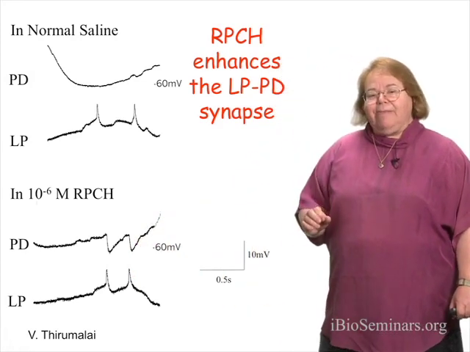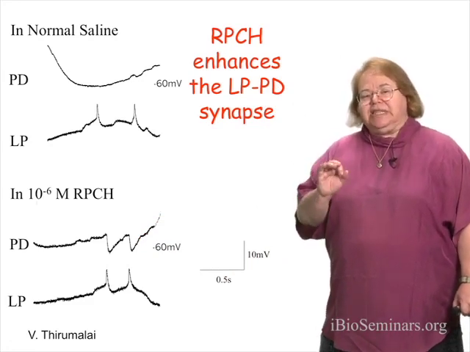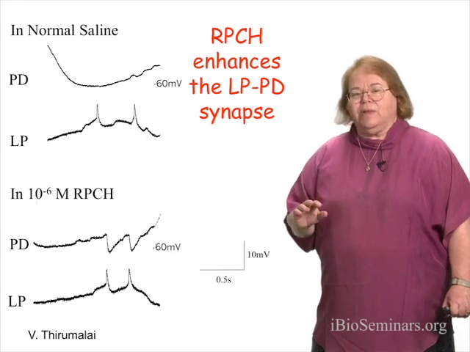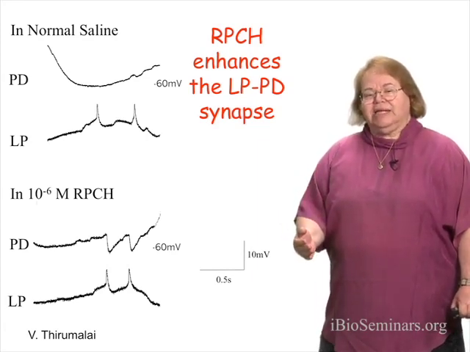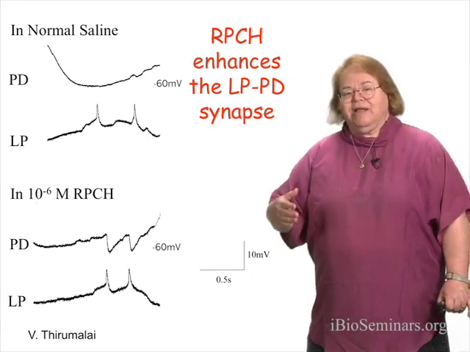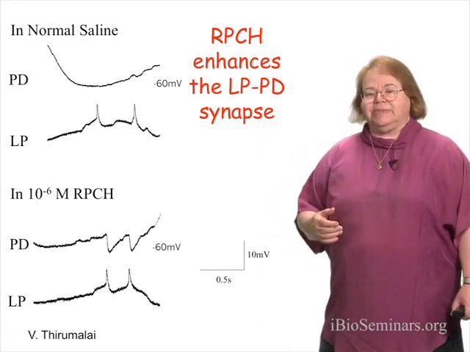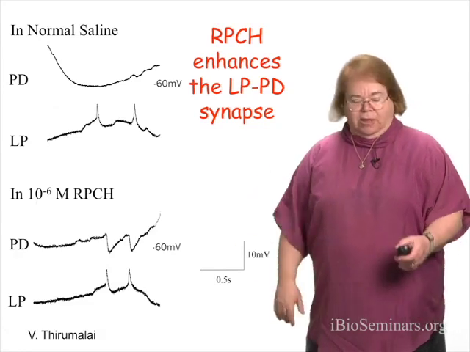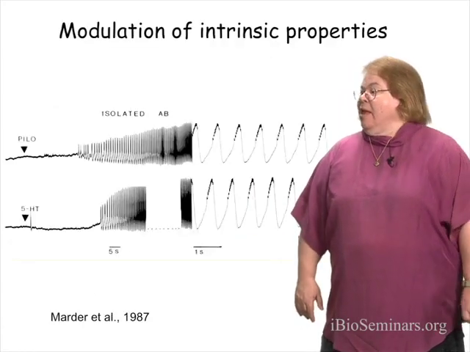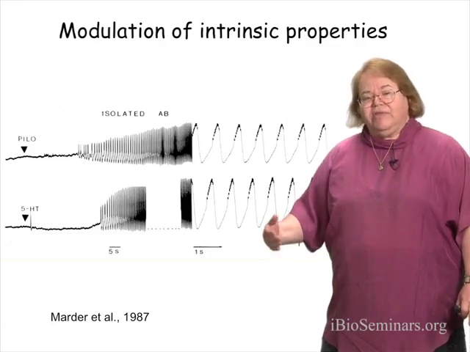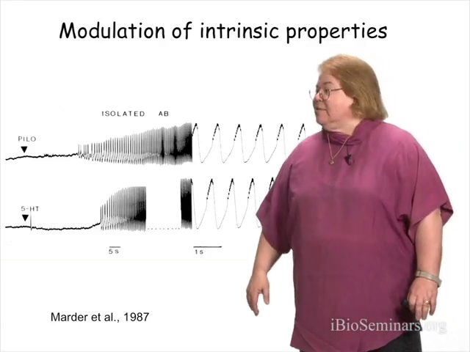So this is an example of a synapse which is there anatomically, but functionally virtually invisible until the modulatory environment has been altered, so that the modulator then, if you will, enables or creates the functional synapse from the anatomical potential that was there. Modulators can also very strongly alter the intrinsic membrane properties of cells.